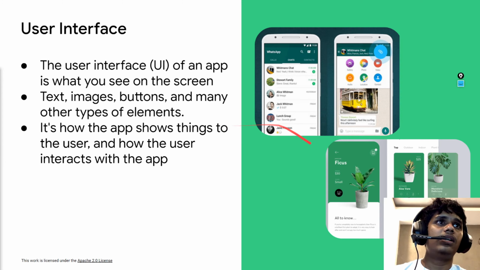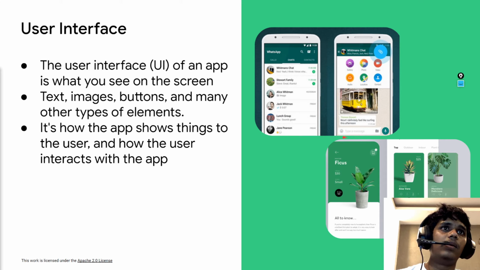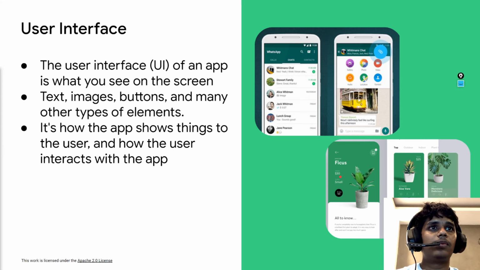So here you can see a basic app. This app is for types of plants. This is a very beautiful UI, because when you open the app, you can see all the details related to a plant, and the pricing too, and if you need to add it to cart, you can add it to cart.